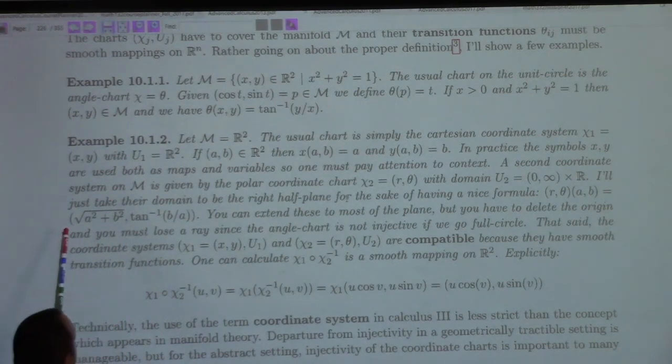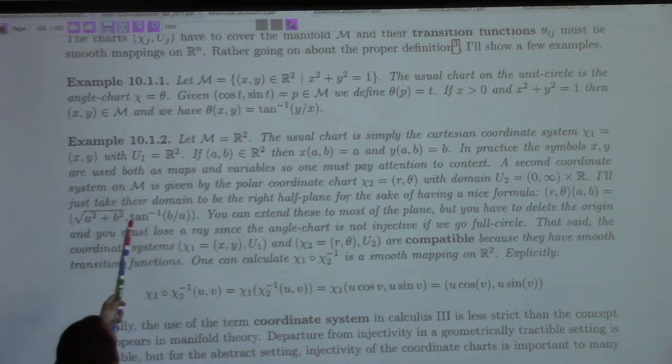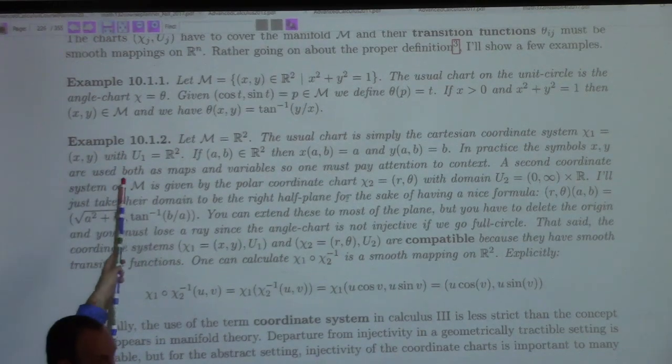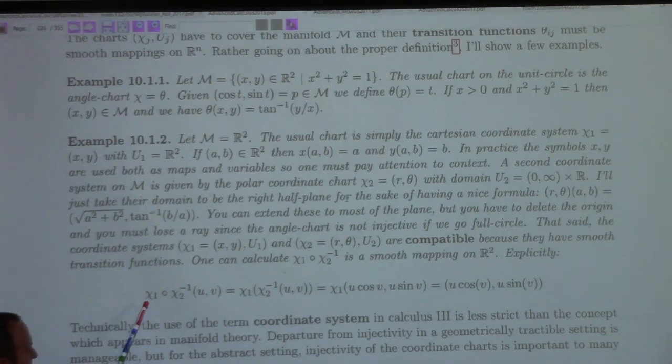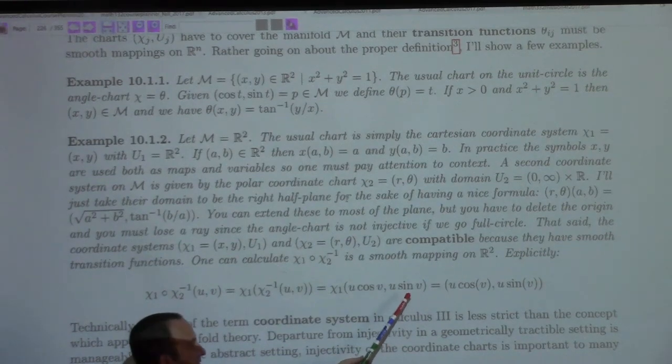Because if you calculate the transition function, as it's called, and I forget which one's x1 here. x1 is the Cartesian coordinate system, and x2 is the polar coordinate system. So if I take the inverse polar map, that gives me u cosine v, u sine v.